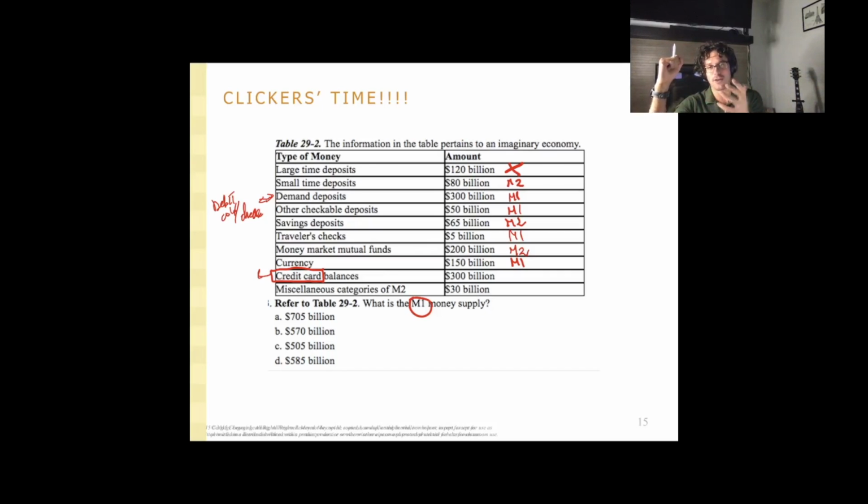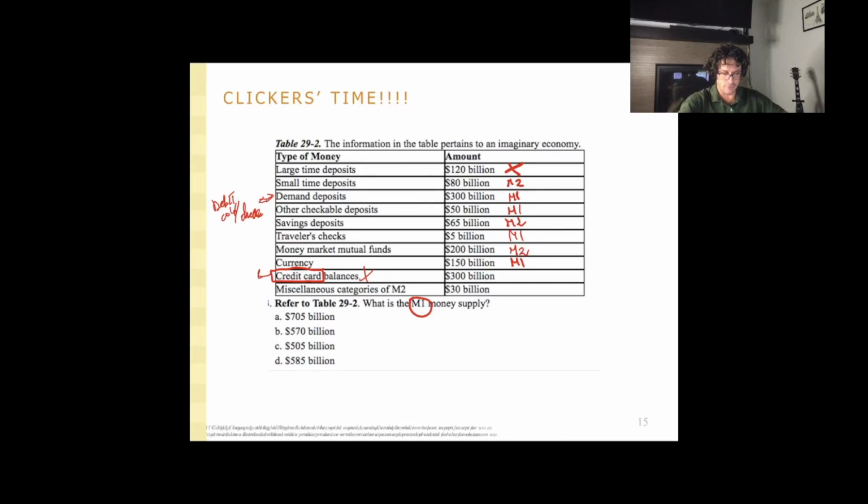If I swipe my credit card at a store, my account balance is not immediately reduced by this amount of money. It's not immediately withdrawn. I'm going to be charged next month. So a credit card is actually a transfer of resources over time, so it does not constitute M1 money.